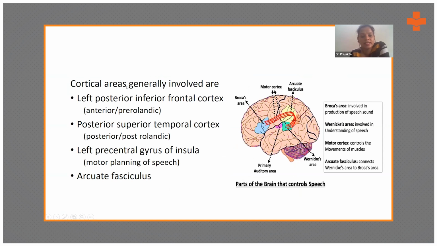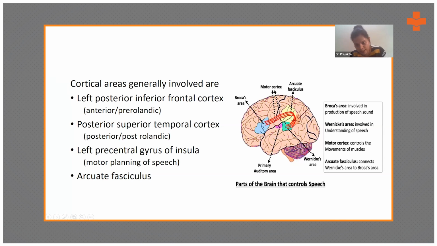So the cortical areas generally involved in language are the left posterior inferior frontal cortex, as I said, that is Broca's area, which is also called the anterior or pre-Rolandic area, the posterior superior temporal cortex, which is also called the posterior or post-Rolandic area, and the left precentral gyrus of the insula.